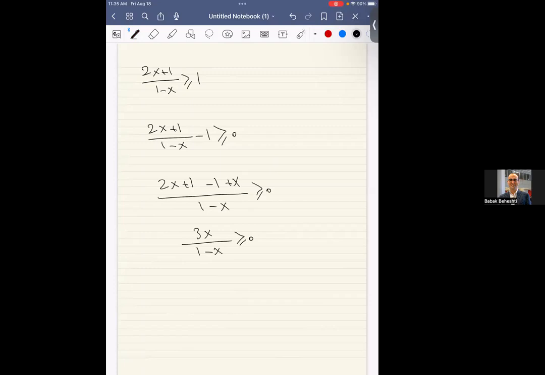So we can basically draw a small chart. This is 3x. 3x is 0 when x is 0. Here is positive, negative, and 1 minus x is 0 when x is 1. But here is negative, here is positive.